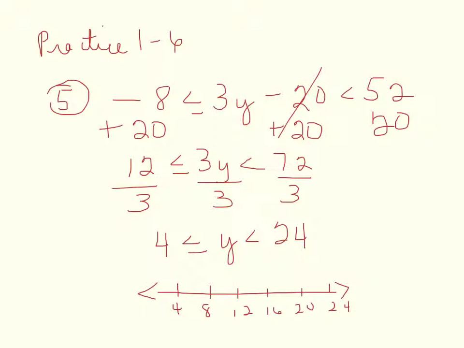Okay, so now I'm going to graph this. I'm going to go to 4. 4 is a closed circle because it's also equal to. I'm going to go to 24. 24 is an open circle, and I want all the numbers in between. Okay? So that's number 5.